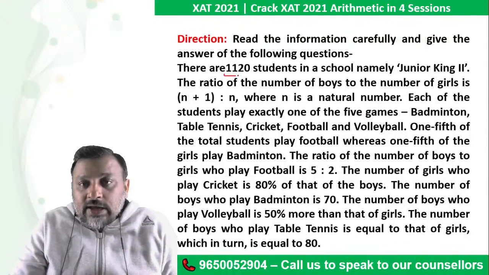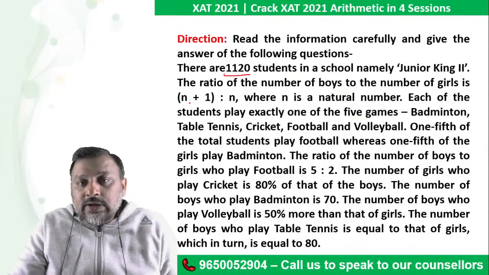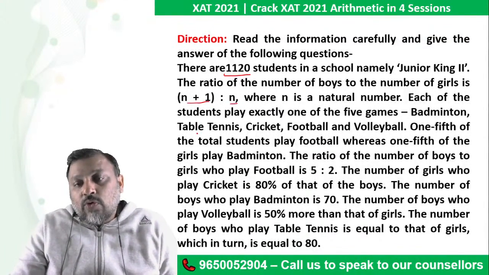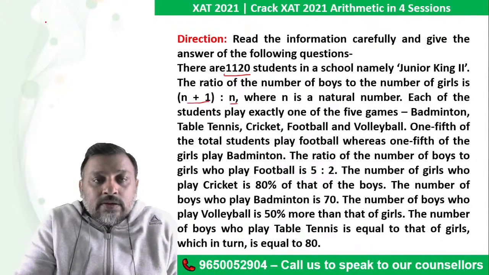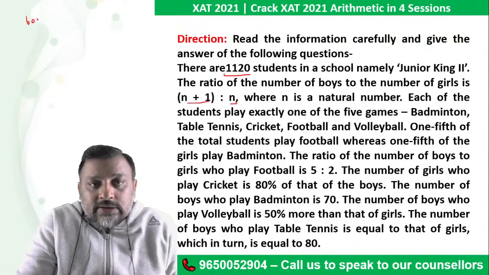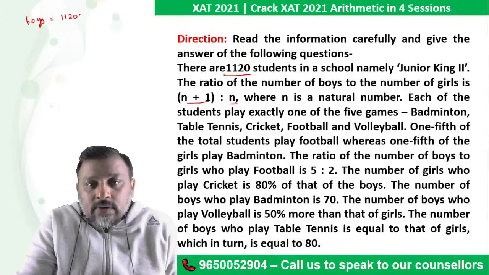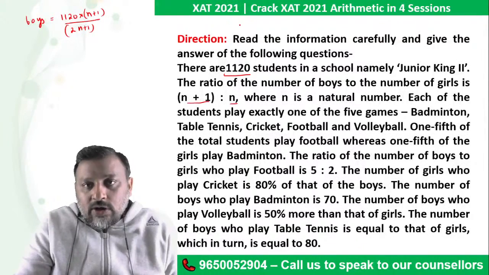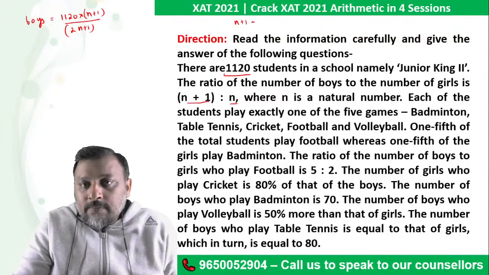See, in all there are 1120 students, and the ratio of the number of girls to boys is given. Okay. So can we say number of boys is 1120 into n plus 1 by 2n plus 1? Okay, because we know n plus 1 plus n is this.